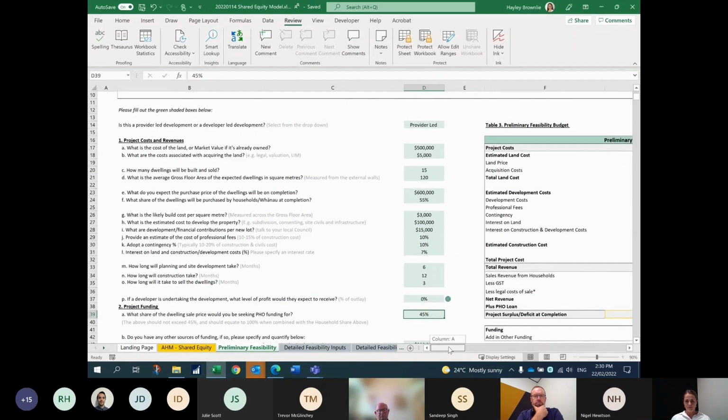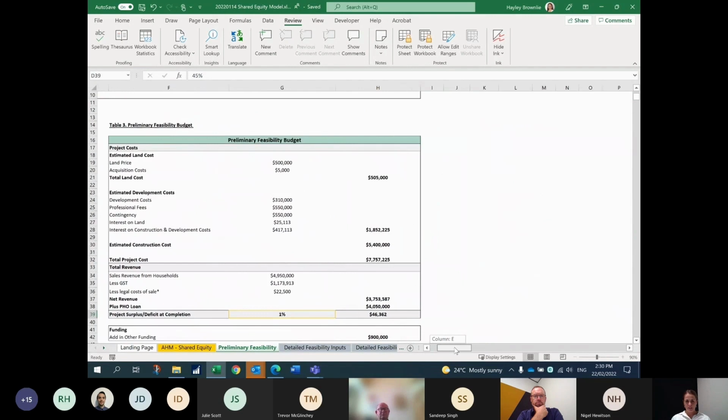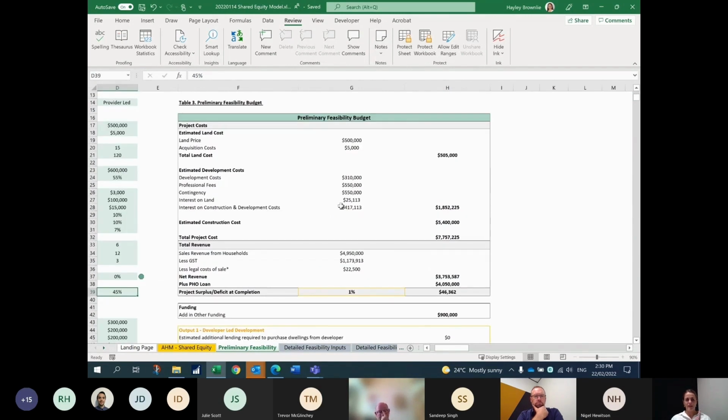So the inputs then flow through into table 3 here, the feasibility budget. So this is a high-level budget, incorporating all of the inputs that I've just talked to, and calculating the costs associated with development and construction, less the revenues from the sale of the household share and the PHO loan.